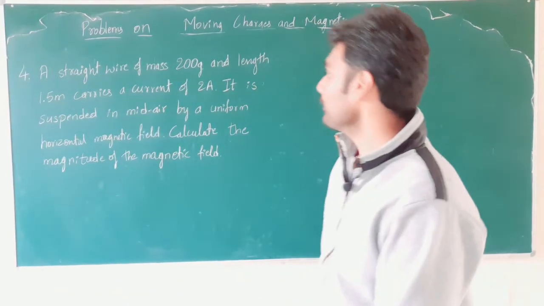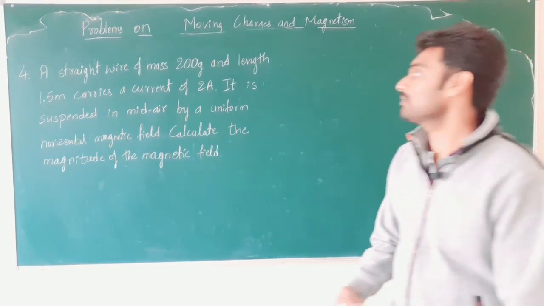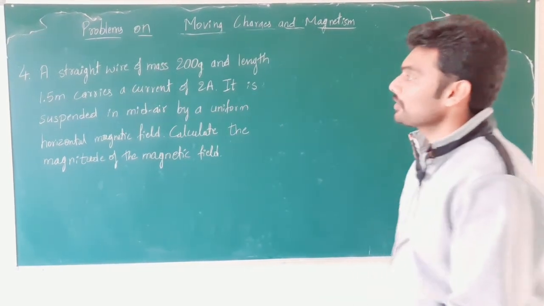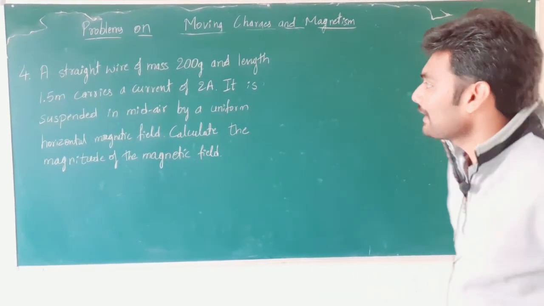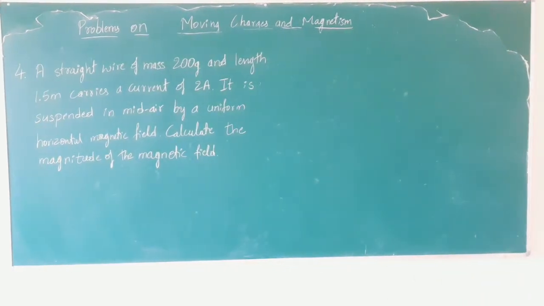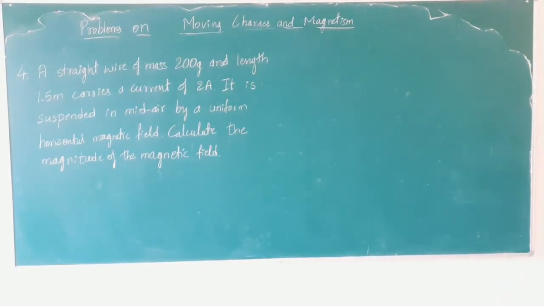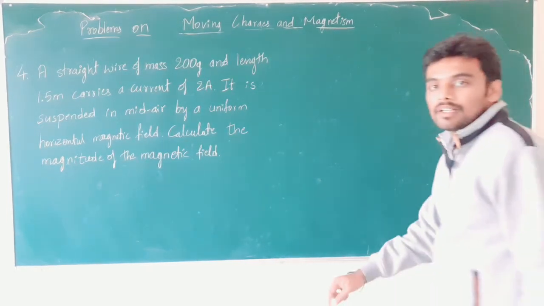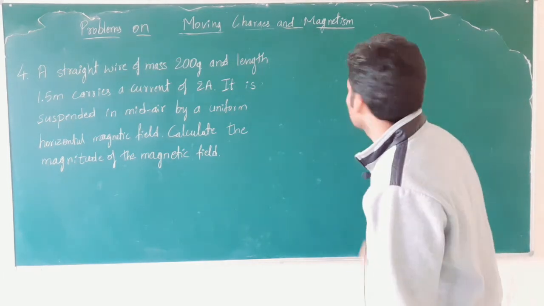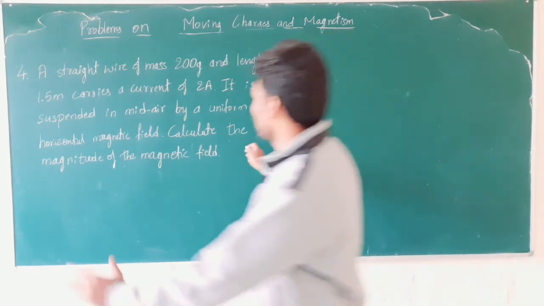Right. The next question. A straight wire of mass 200 gram and length 1.5 meter carries a current of 2 ampere. It is suspended in mid-air by a uniform horizontal magnetic field. Calculate the magnitude of magnetic field. So, here, let me draw the diagram here itself.